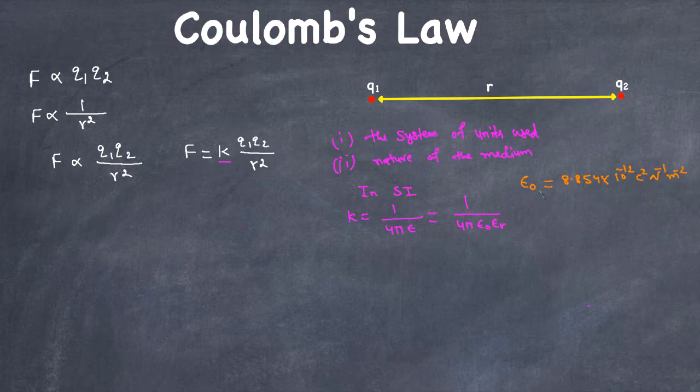So it's called the absolute permittivity of free space. Let me write that down: absolute permittivity of free space.